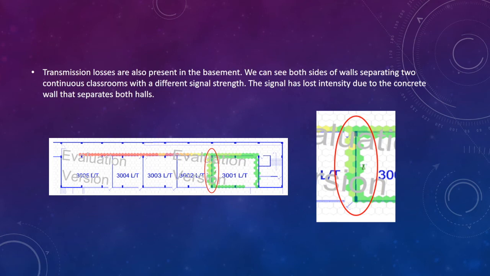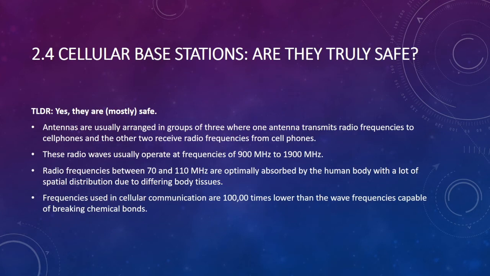Also, transmission loss is present. This is because there are 2 classrooms right here and a wall that separates both classrooms, so the signal of Wi-Fi is lost.